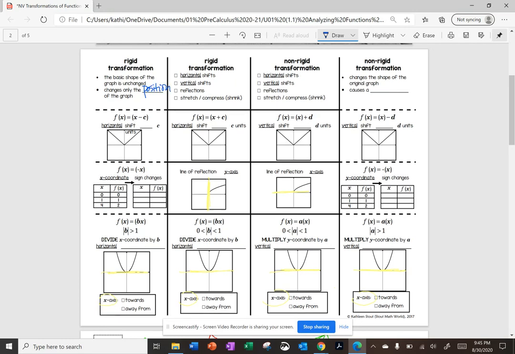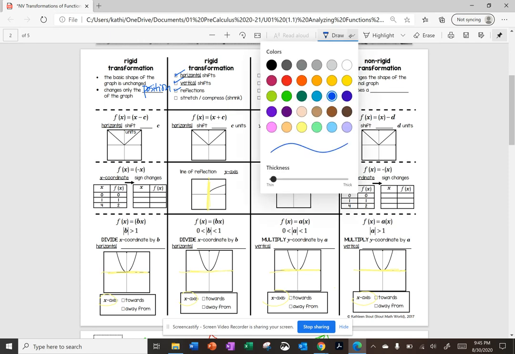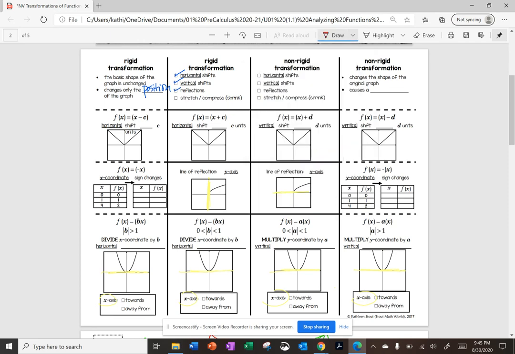So the types of rigid transformations are horizontal shifts, vertical shifts, and reflections. So a non-rigid transformation is a stretch or a compress. And a non-rigid transformation changes the size and shape of the graph and causes a distortion.